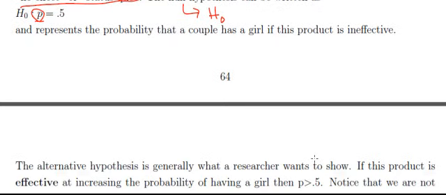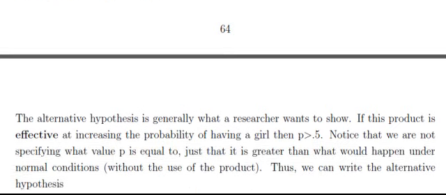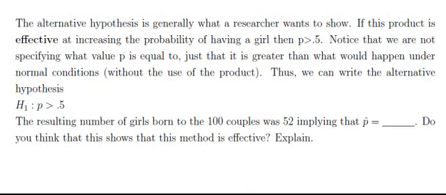And so the null hypothesis is really just that the product is ineffective. And the alternative hypothesis is what the researcher would want to show. So the drug company is very interested to show that this product is effective, and so they want couples to buy it. And so the alternative hypothesis is generally what the researcher wants to show. It's denoted by H with the 1 subscript.